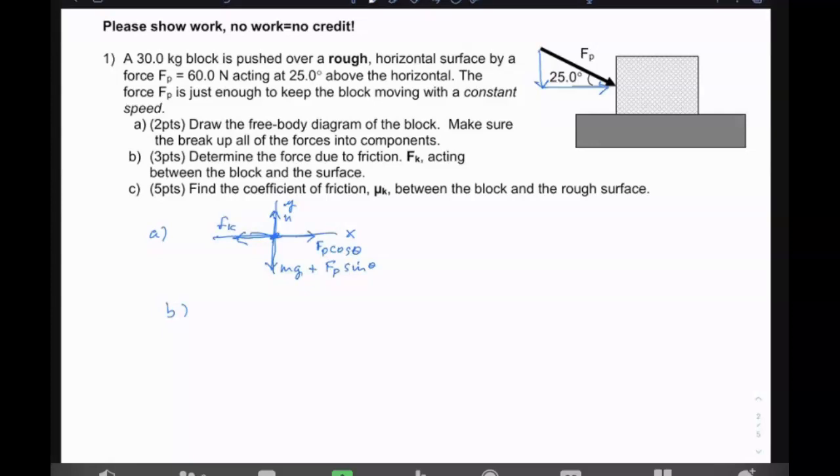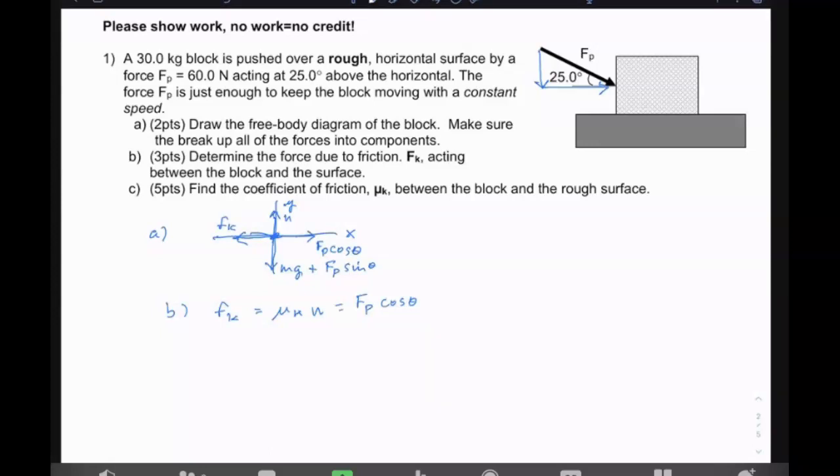Well, we know that kinetic friction is equal to the coefficient of kinetic friction, mu sub k, times the normal force. But we also know that it's equal to F sub p cosine theta, because the forces are balanced in the x direction.